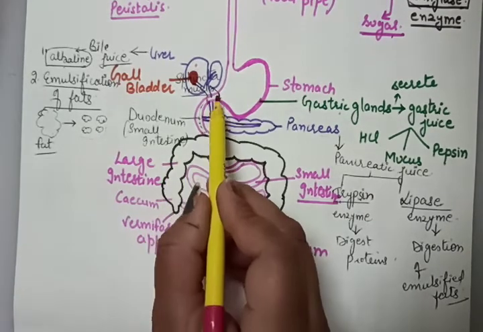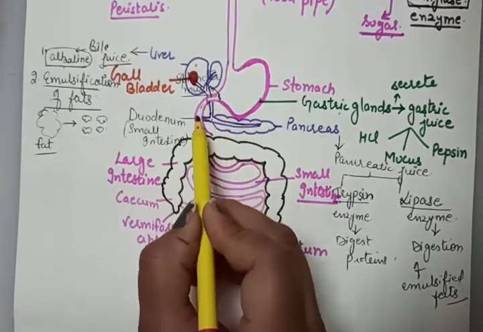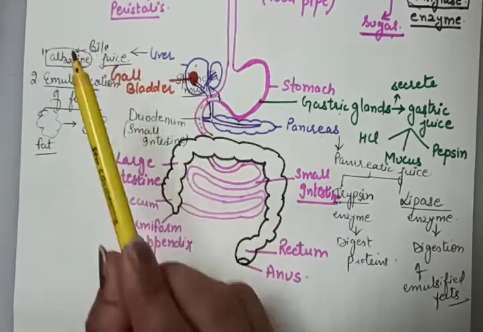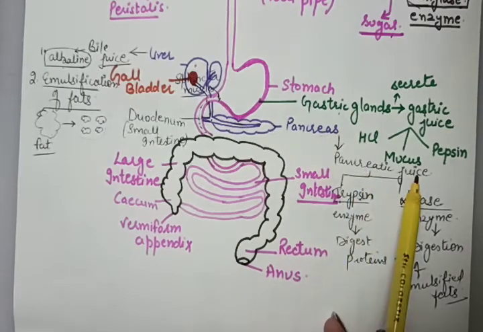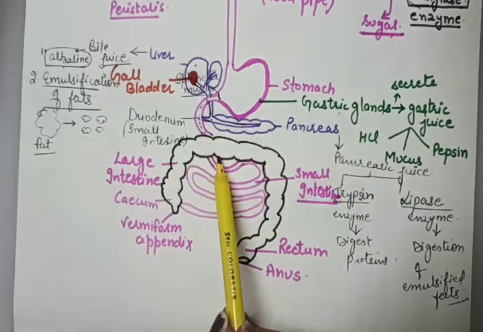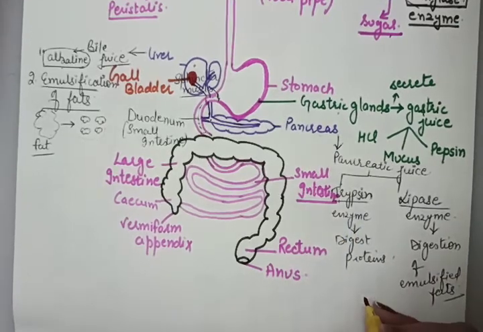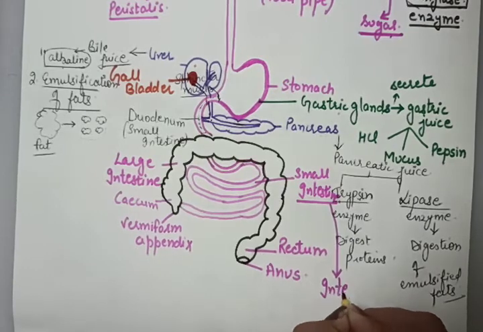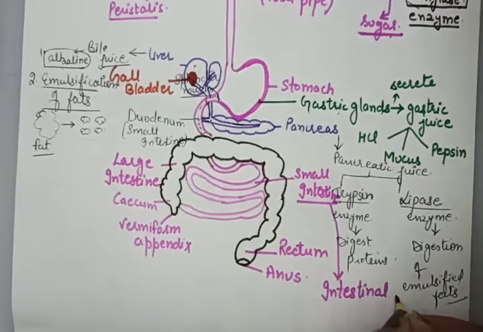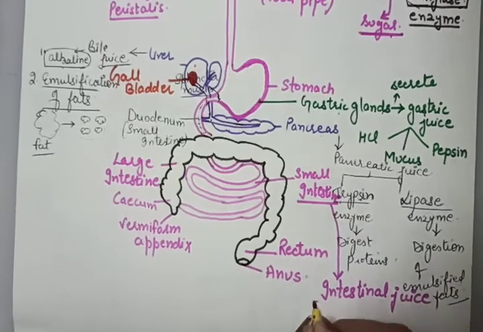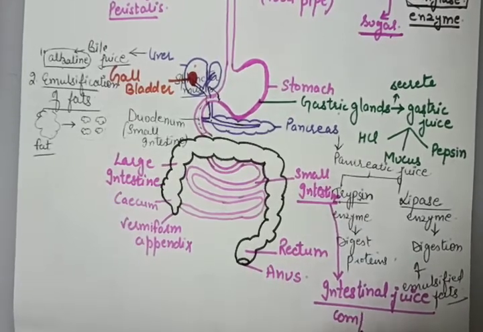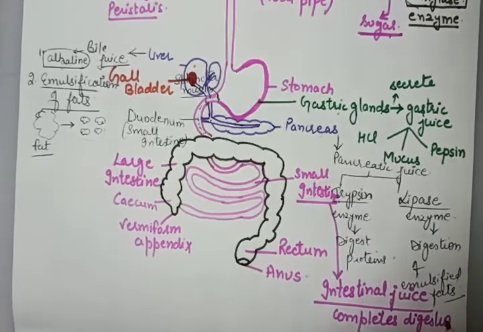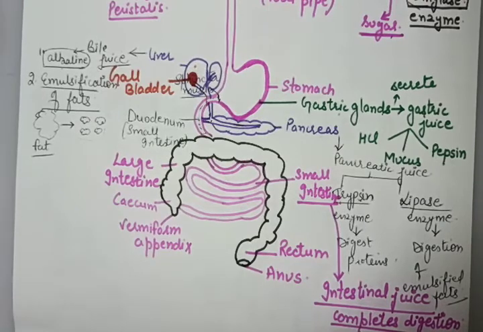Now we are here in the small intestine. As the food passes from here, this part, it gets acted upon by bile juice and the pancreatic juice. Now at the last, the small intestine secretes intestinal juice that helps in completing the process of digestion.